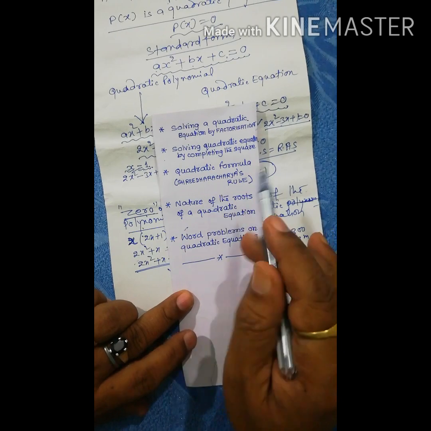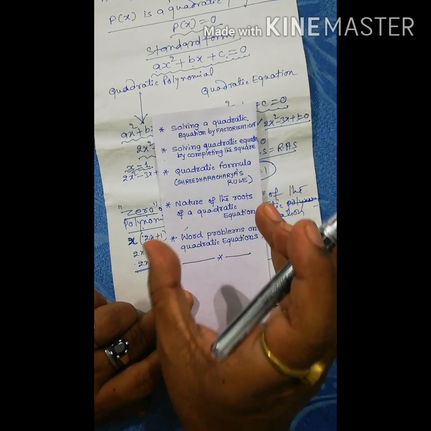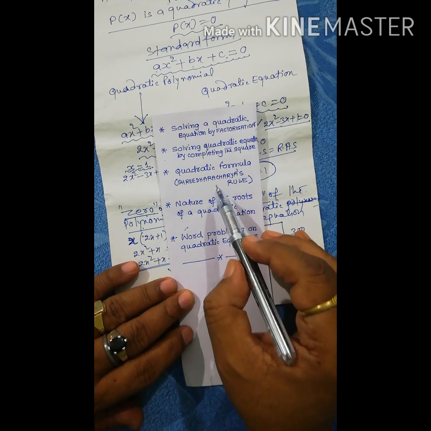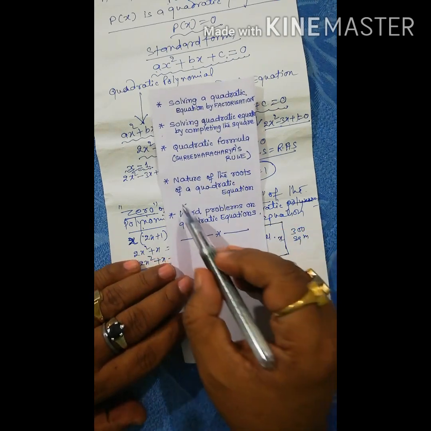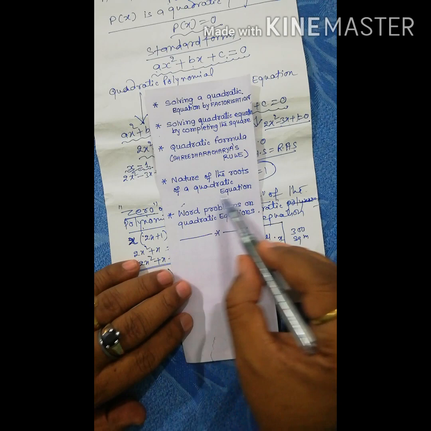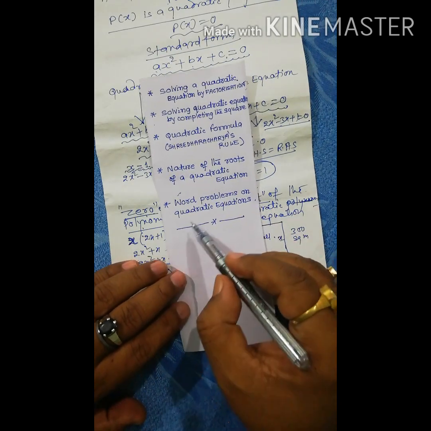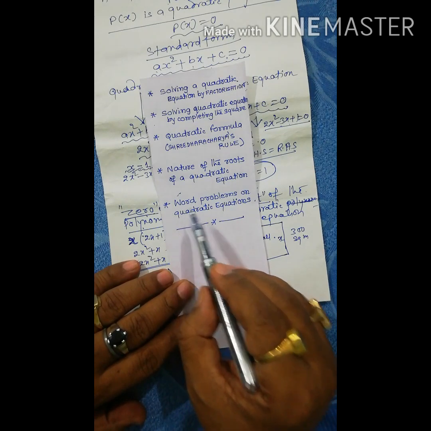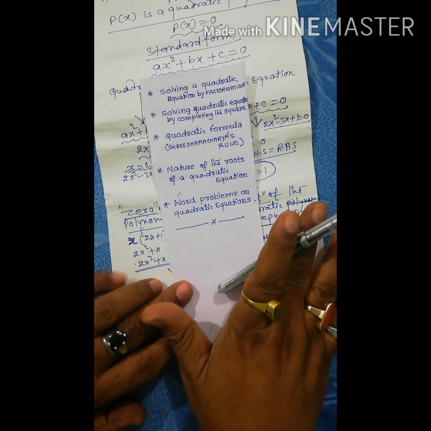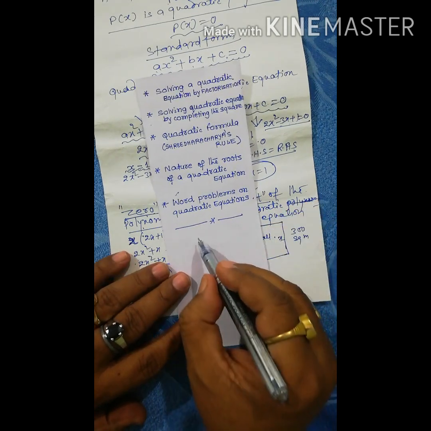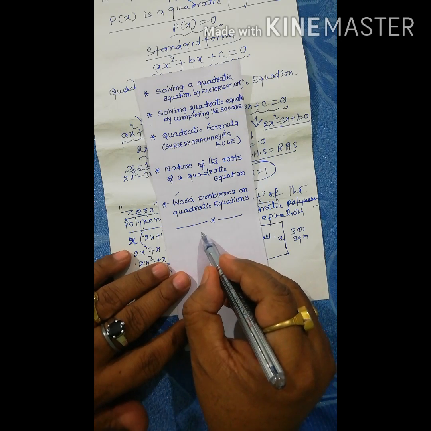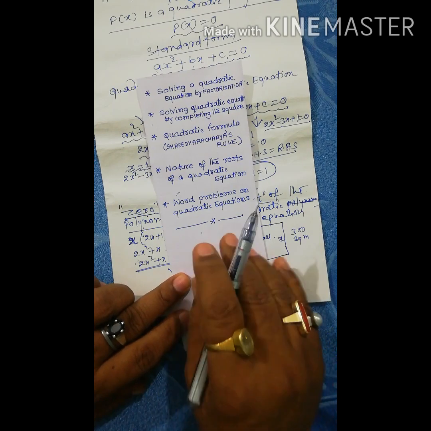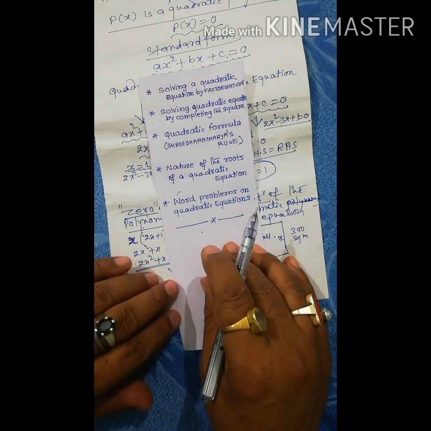By this rule, one formula has been created, and through that formula we can solve quadratic equations. Then we have to discuss the nature of the roots of a quadratic equation, and after that, taking all these things into consideration, we will solve word problems on quadratic equations. So in 6 lectures, including today's lecture, we can complete this chapter, quadratic equations.